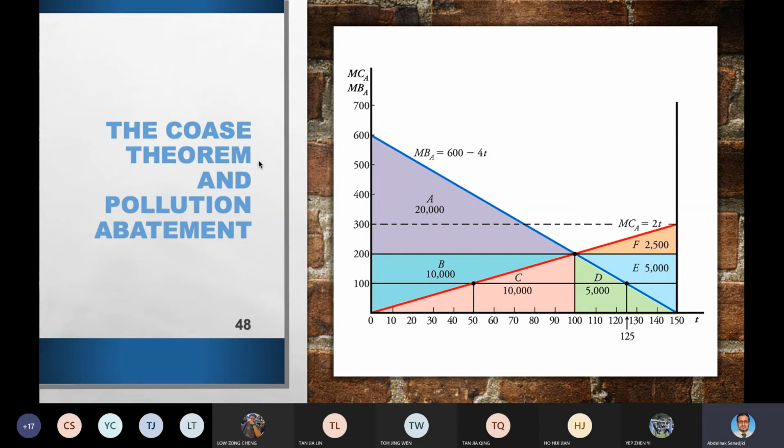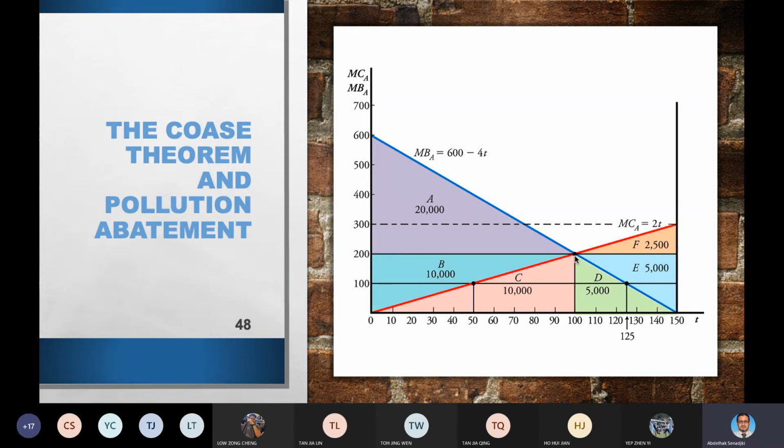So the community offers the mill owner, the firm, $200 per ton in order to abate 100 tons. Therefore, this firm will have revenue of 100 times 200, which is 20,000. So the firm will have 20,000 as a return. This is profitable to the firm.